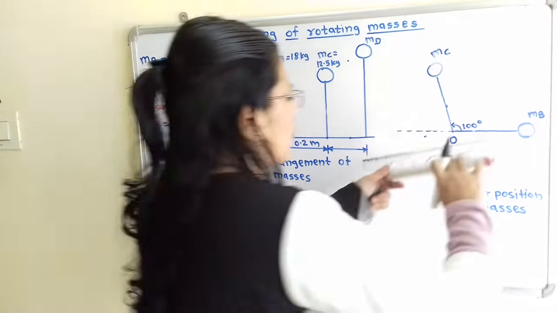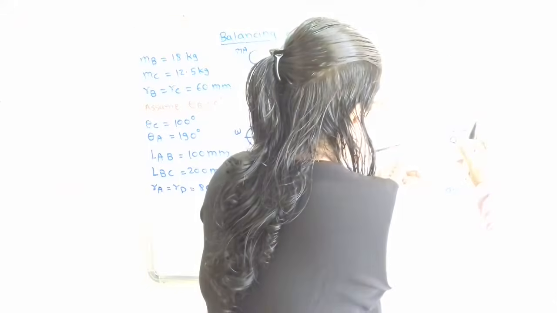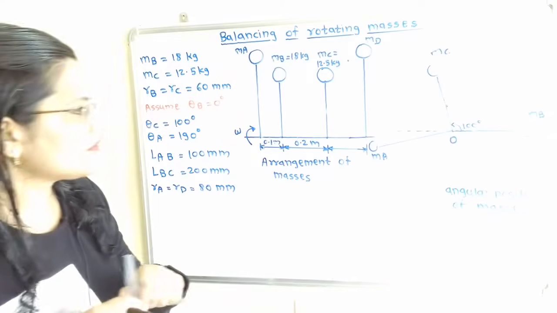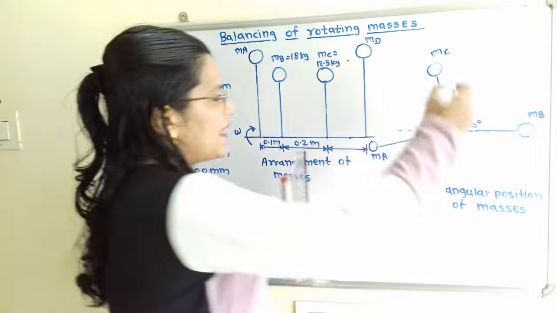So we have to draw the length, that is equal to 8 centimeter. So we will show here. So this will be MA, that is mass A. So this angular position diagram is getting completed and we will also show this angle, and this angle is equal to 190 degree.